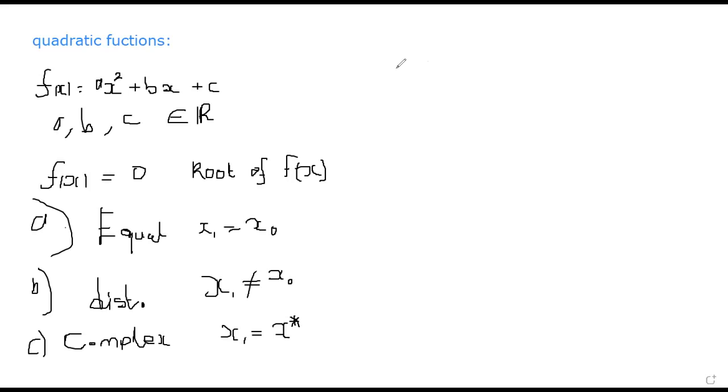Then let us continue. Now we have this form of an equation. Now let us try to get through to finding the roots of this.